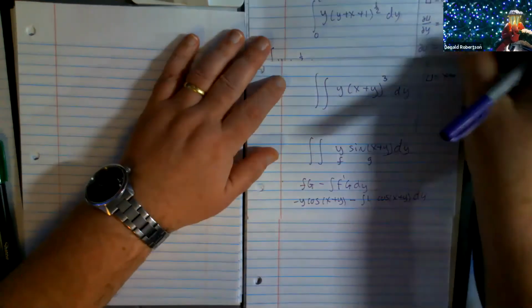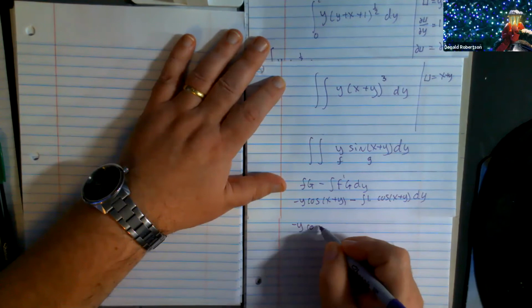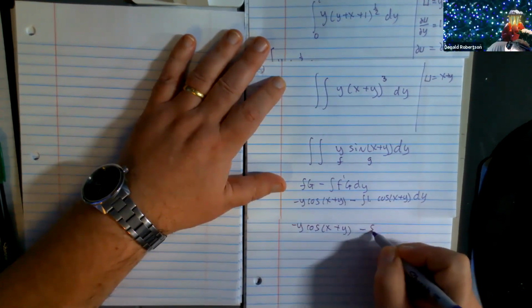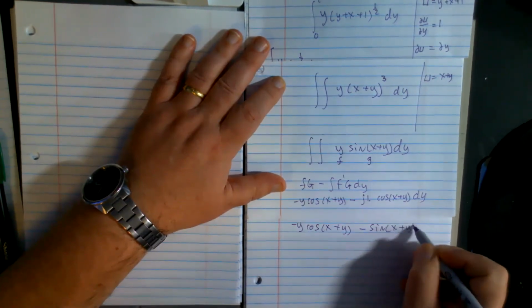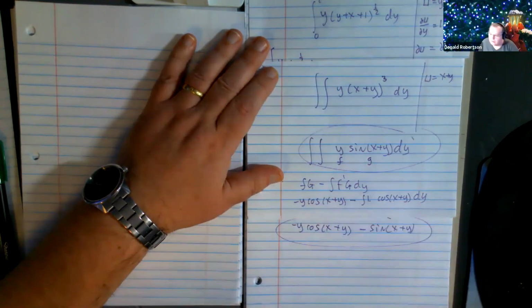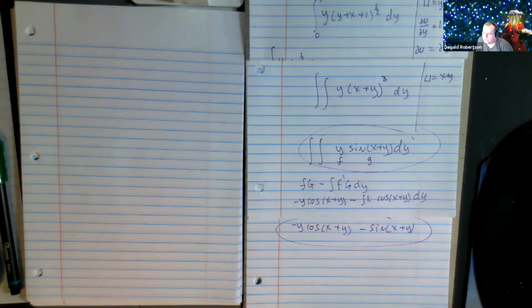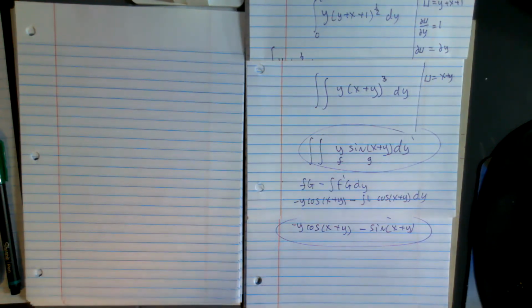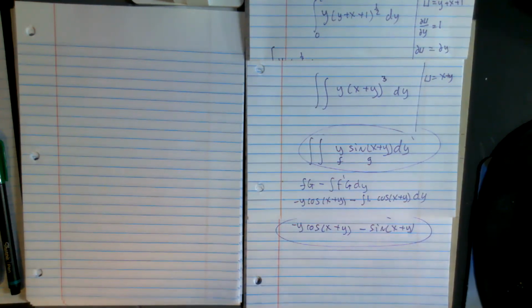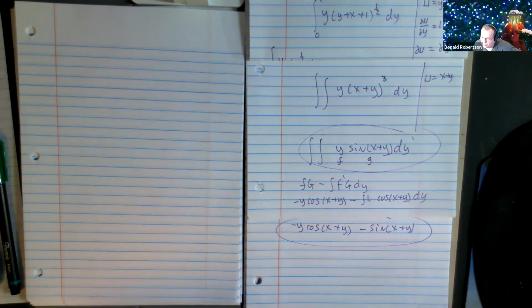And then that would get you negative y cosine of x plus y. Integrate that, you get a sine, so take away the sine of x plus y. And so this piece here would be that guy. So you can do u subs, you can do integration by parts. Most of the time, isn't it just various power rules? So, you know, it's x cubed y squared, and you're doing mostly power rules.